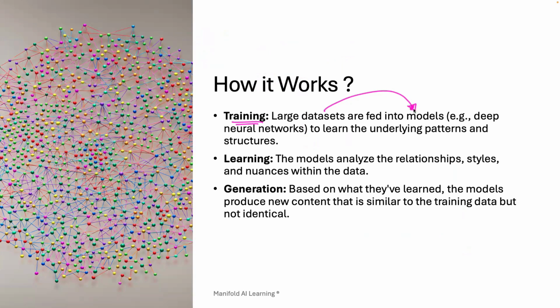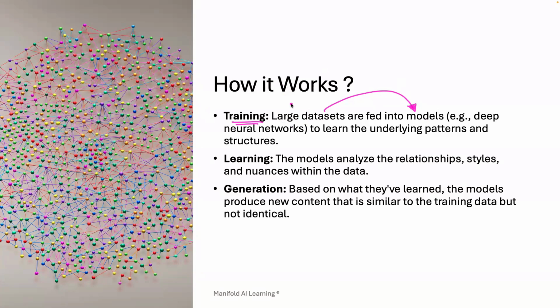We call these models a deep learning neural network or similar kind of architecture. We provide this large data set as an input, and these models will try to learn the underlying patterns and the structures.